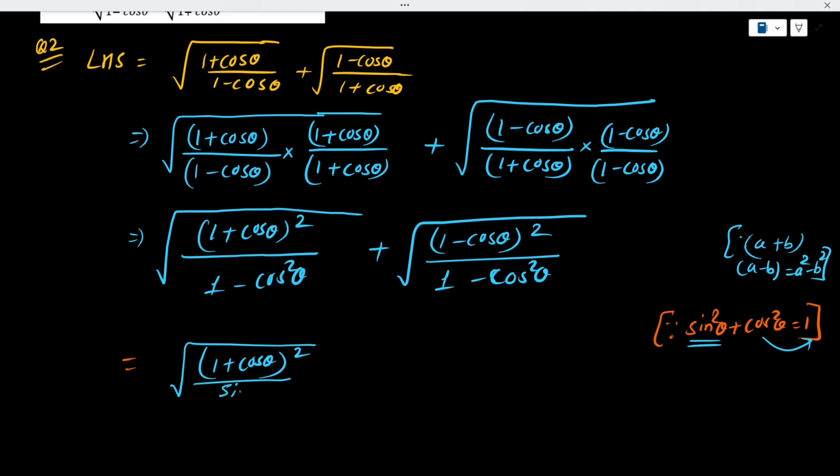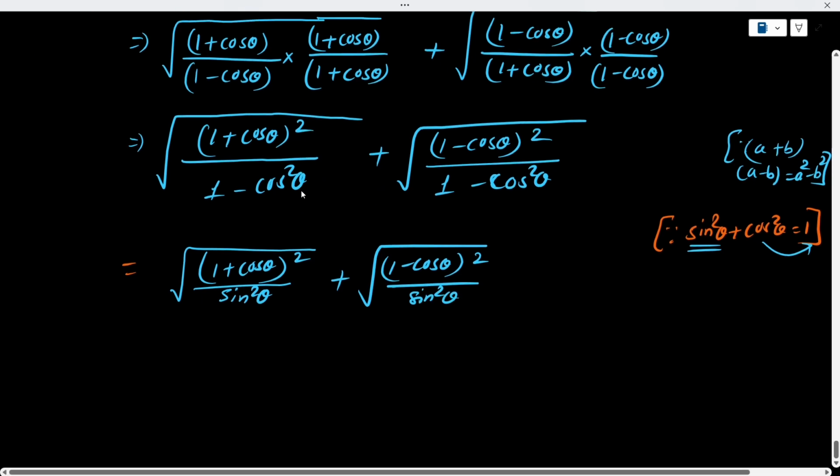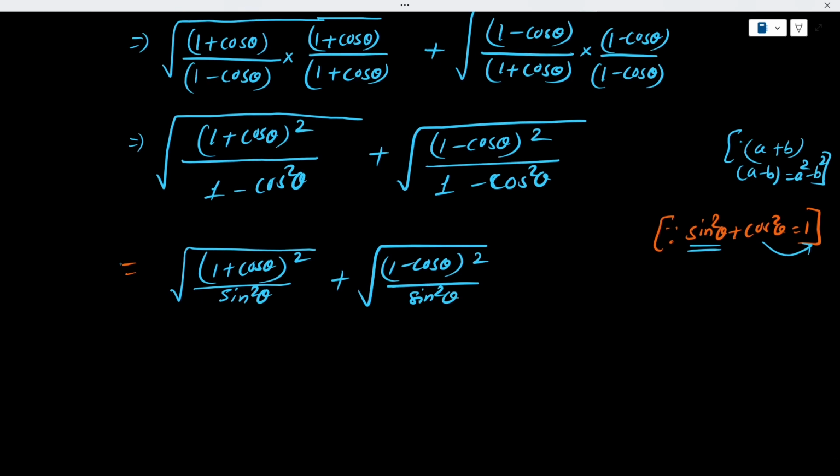So the denominator will be sin square theta, and here also 1 minus cos theta whole square over sin square theta. Now if you see both the square roots, you are having a perfect square in the numerator and denominator.